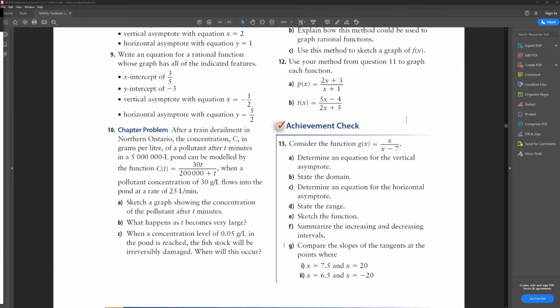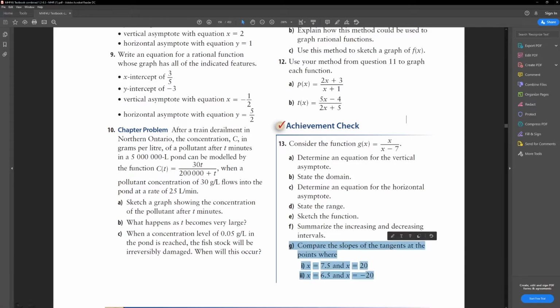Again, the only complicated part might be part G, but all you're doing here is again just finding those key values and then saying, oh yes, it is increasing or decreasing, or the tangent changed by this much, therefore it proves the fact that the function was increasing or decreasing.